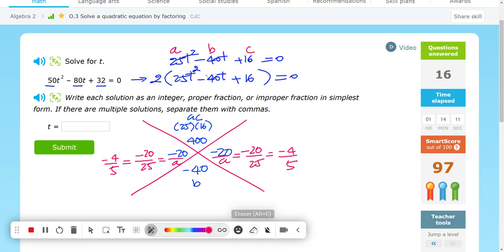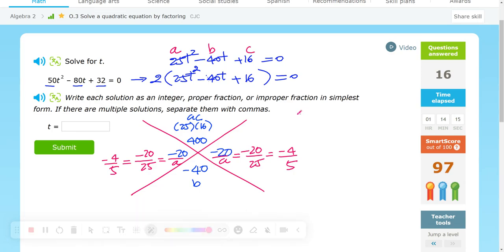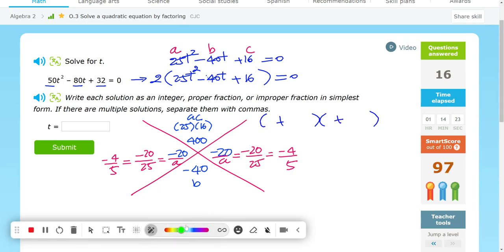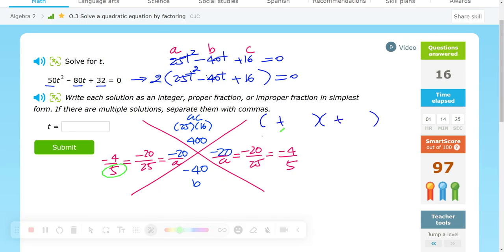Now I can write my factor form. What do I have? T and T. Now take a look. 5 on the bottom goes in front of T. Negative 4 goes to the back. 5 on the bottom goes to T. Negative 4 goes to the back.